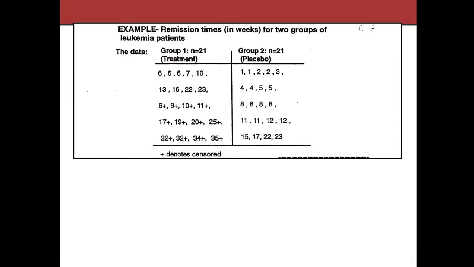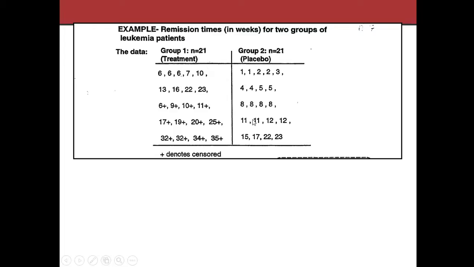This is actually the original data that was used to motivate survival analysis back on day 1. I did not make this slide, as you might imagine. This is an old slide, and it's about leukemia patients. Two groups of leukemia patients in a study.